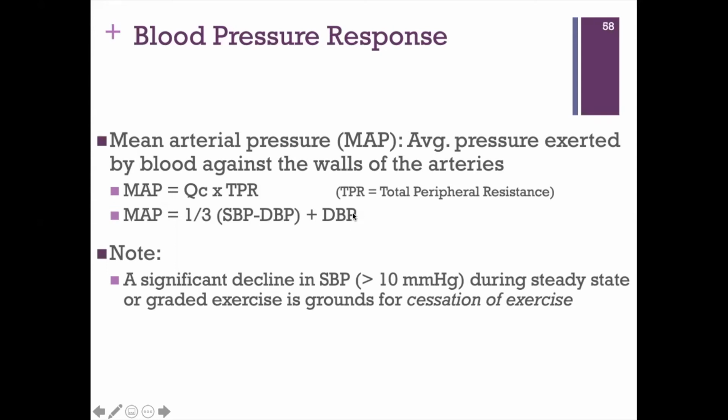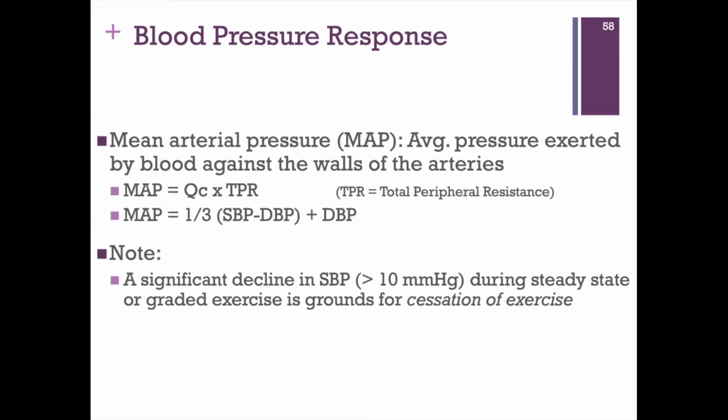On average, it's around 90 when we are at rest, and that's for a blood pressure of 120/80. It can also be conceptualized as our cardiac output times the resistance that it needs to travel through in order to get there. So that's our total peripheral resistance.